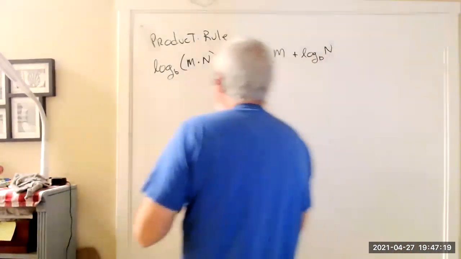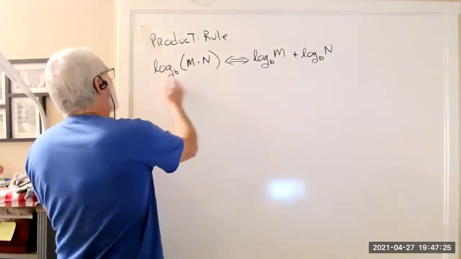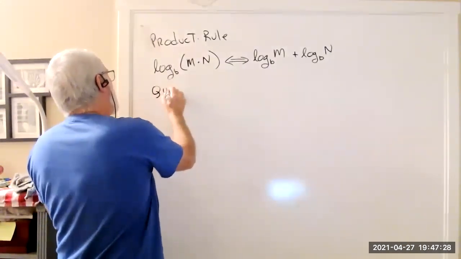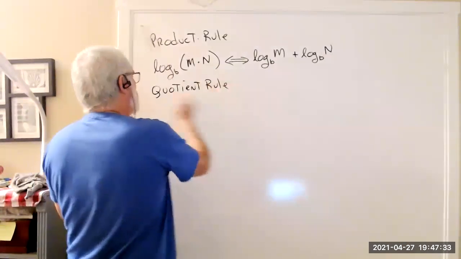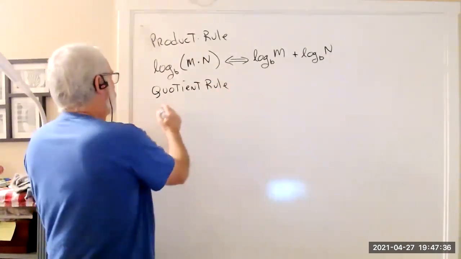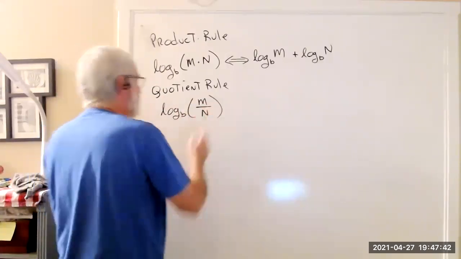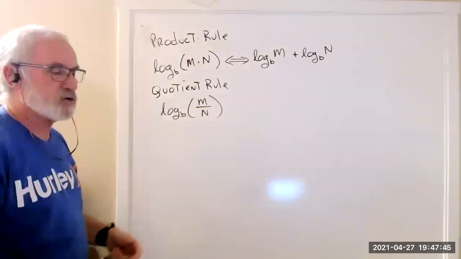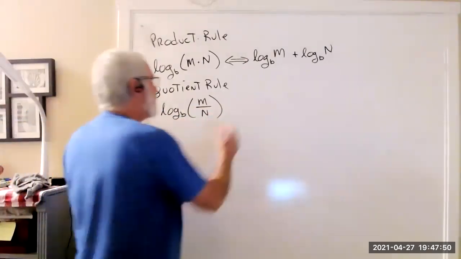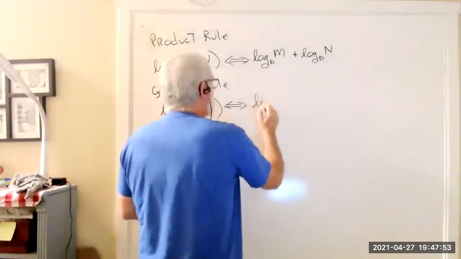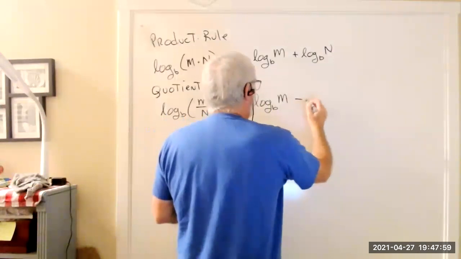Product means multiplication. What's the opposite of multiplication? Anybody? Division. So, the quotient rule. The quotient rule says if you have the log base b of two things that are dividing, remember quotient means division, you can separate them into the log of two separate things that are subtracting.